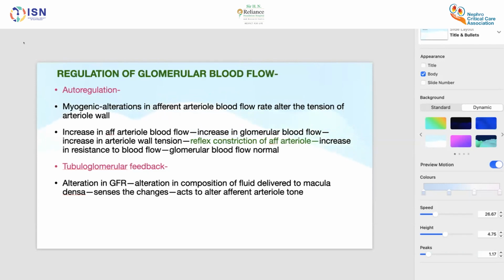When we say NSAIDs and ARBs, we should also add diuretics and SGLT2 inhibitors, because these are drugs we should try to avoid when renal autoregulation is active. We know renal autoregulation is a natural mechanism to maintain renal blood flow in case of volume depletion.